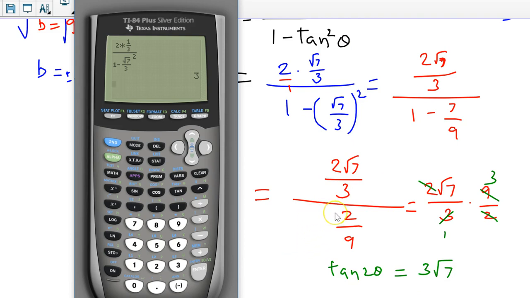But why I'm showing you this part is, make sure that you use your calculator appropriately. Like square root of 7, it is an irrational number. Suppose if I write that square root of 7, let me show it to you what happens.